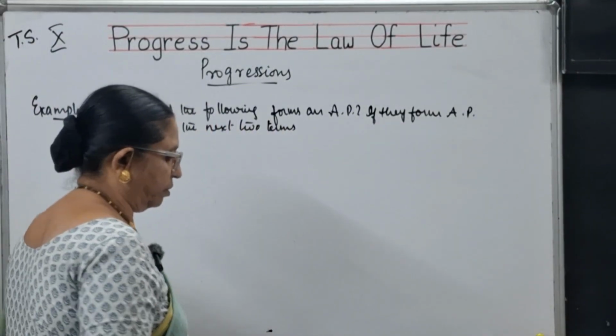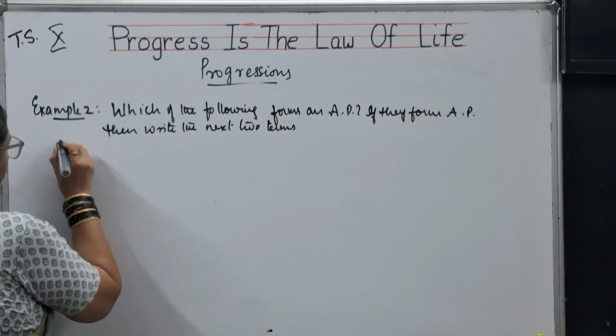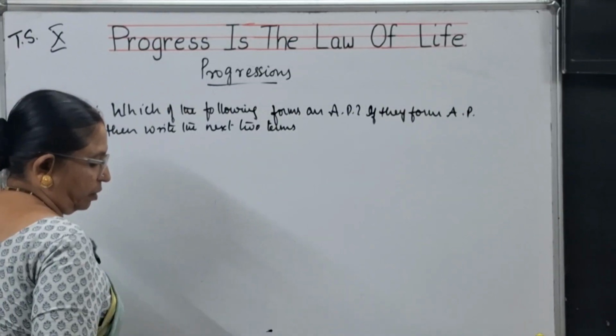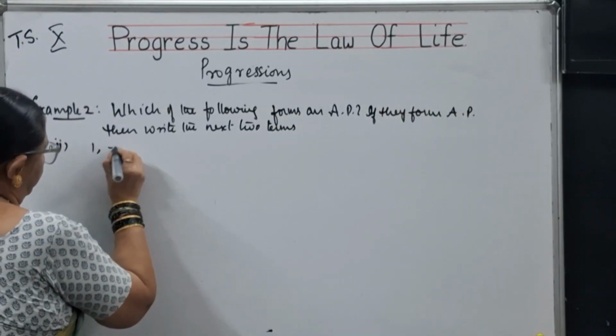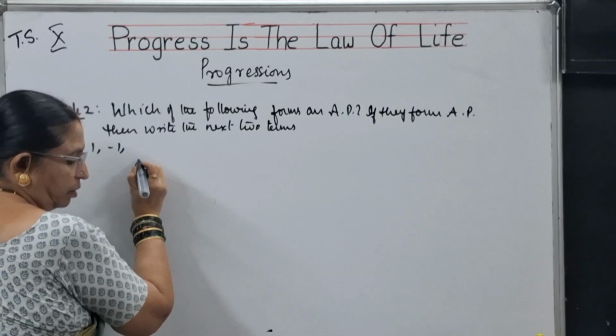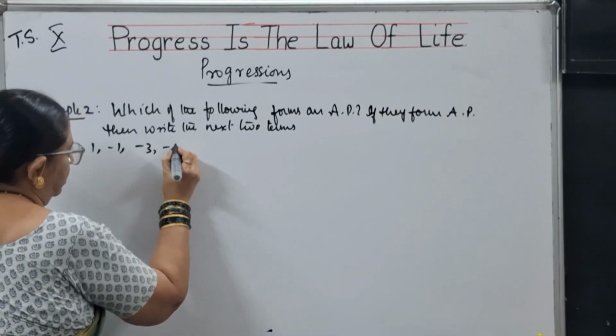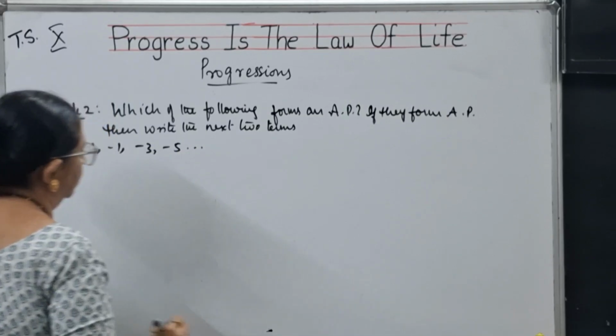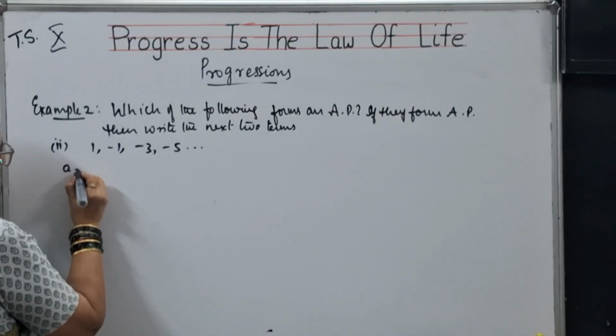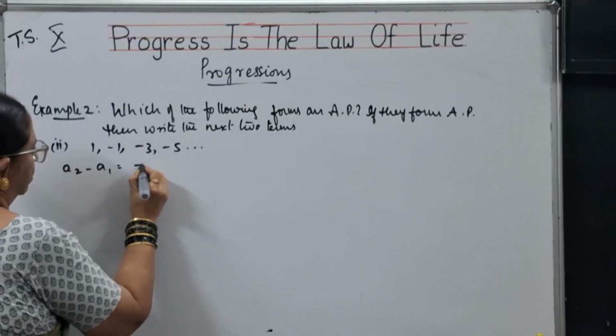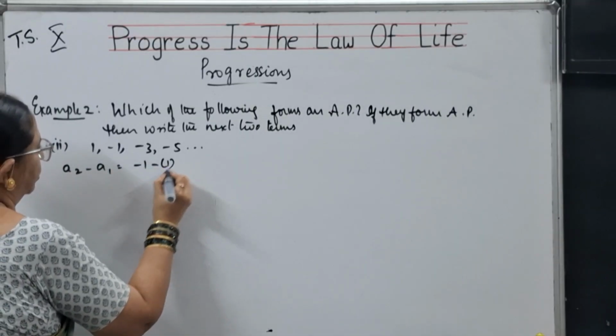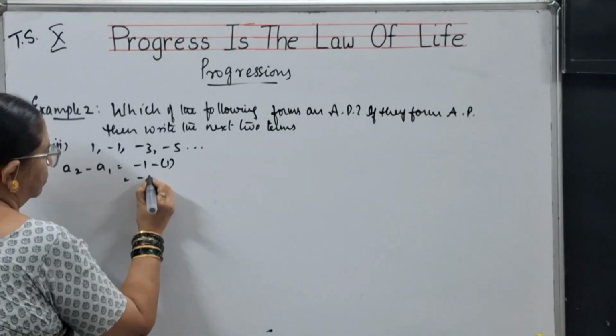Now, second bit, children. In this example 2, second bit, the series given is 1, minus 1, minus 3, minus 5, so on. So, what is A2 minus A1? Minus 1 minus 1. That is minus 2.